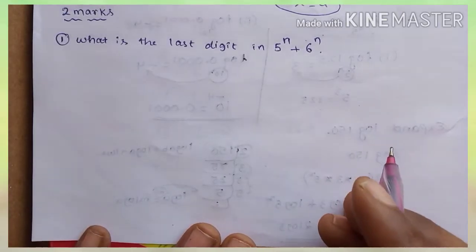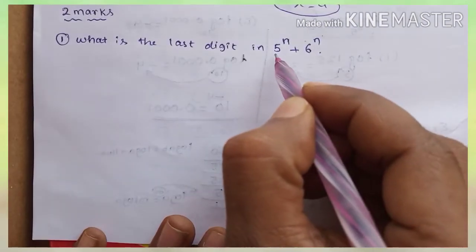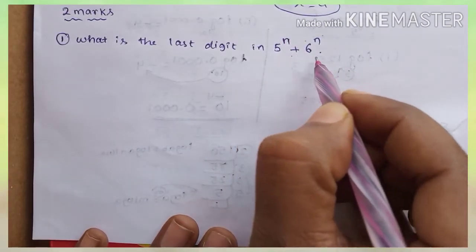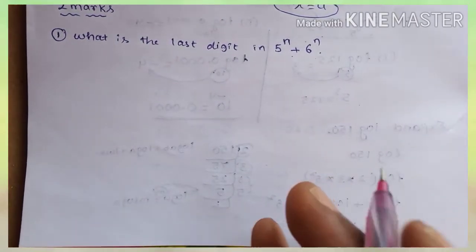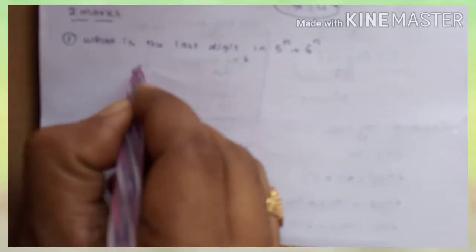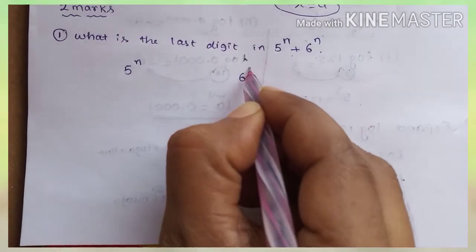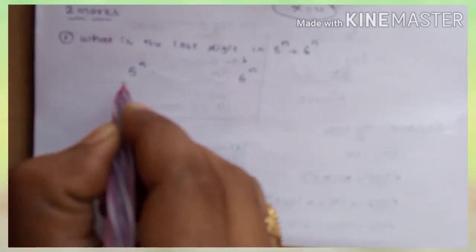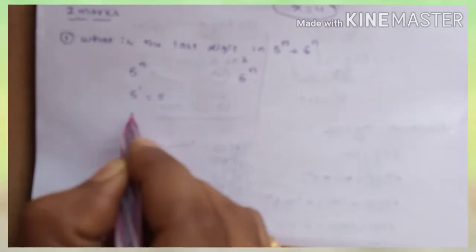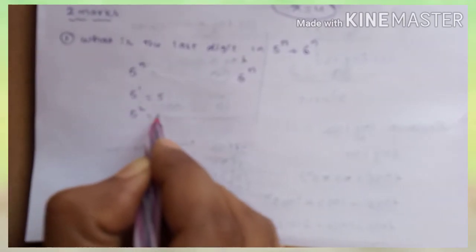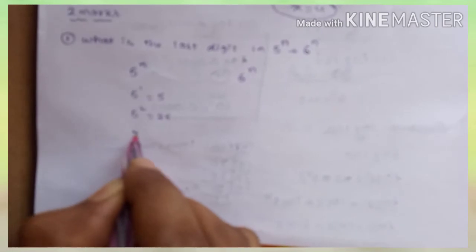Now the problem: what is the last digit in 5 to the power n plus 6 to the power n? We have to apply the conditions. The first term is 5 power n, the second term is 6 to the power n. 5 to the power 1 is 5, 5 power 2 is 25, 5 to the power 3 is 125.